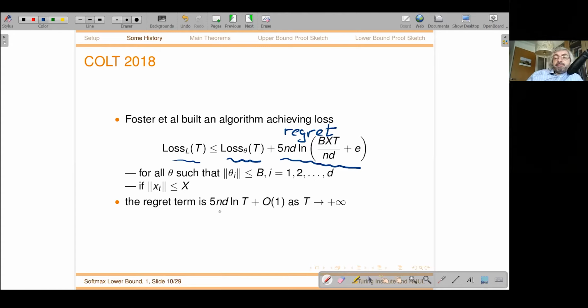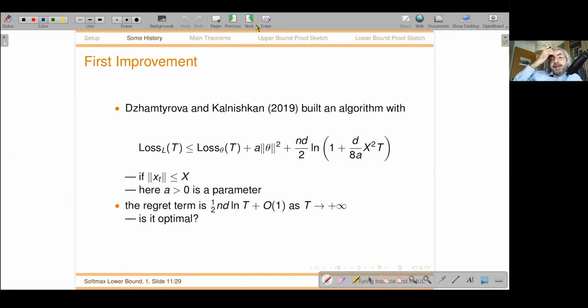The construction in the paper looked to me rather ad hoc, and I thought this result could be improved. So Raisa and I produced an algorithm with the following loss bound. The asymptotics used to be 5 nd logarithm of time, and we got 0.5 nd logarithm of time for the same situation.